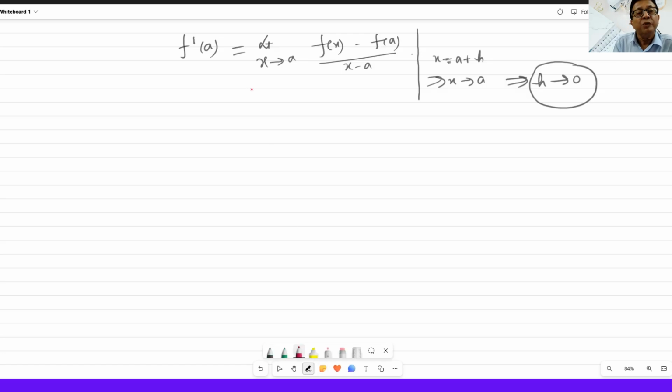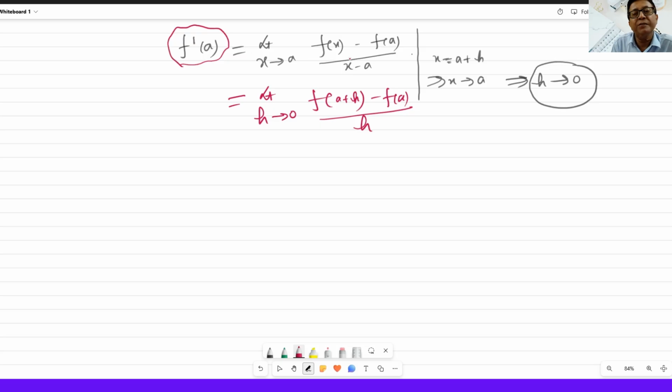So we can rewrite this definition: limit h tending to 0, f of a plus h minus f(a) by h. Okay. So f dash a, you can express in this form. This is done by you already.